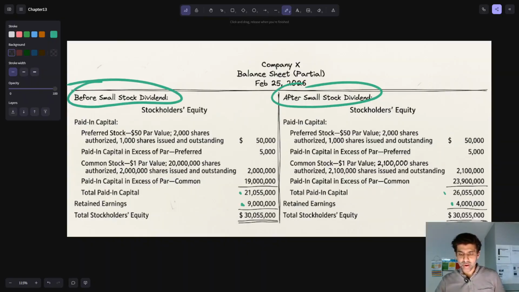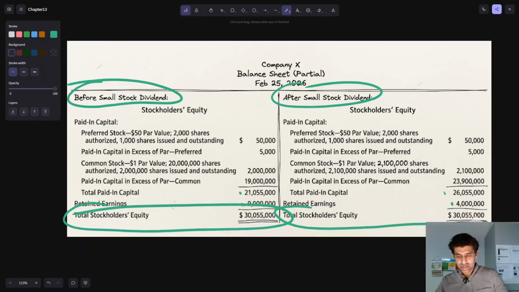It's now 26,055. This is totally unchanged. Does everyone understand? This is what I'm saying, financial engineering. We had just moved around balances within this equity section. There is no net change to anything.